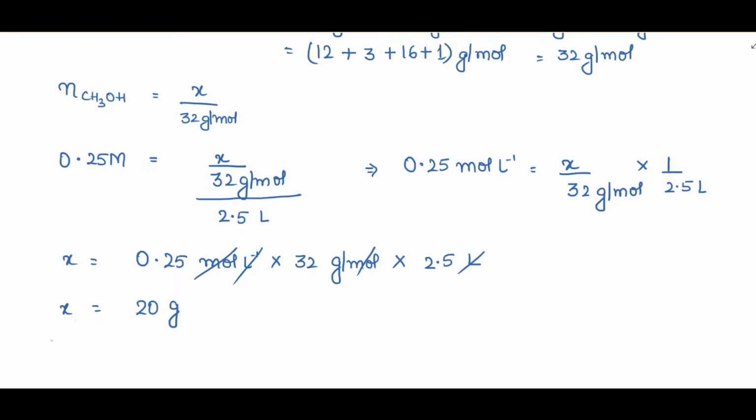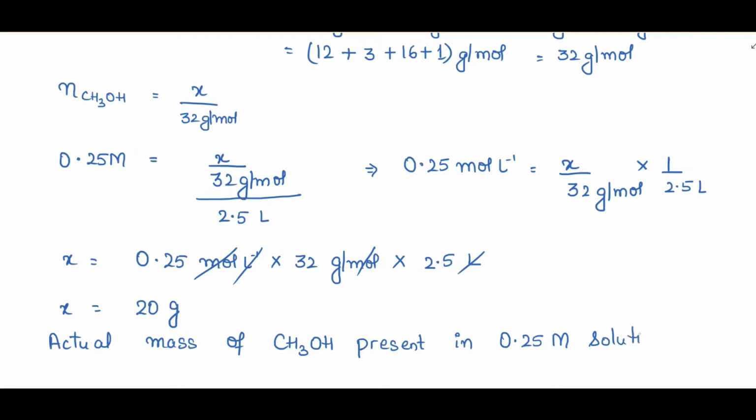Now we are having the actual mass of methanol present in 0.25 molar solution. Now the next target is to check the amount of methanol that is having density 0.793 kg liter inverse.